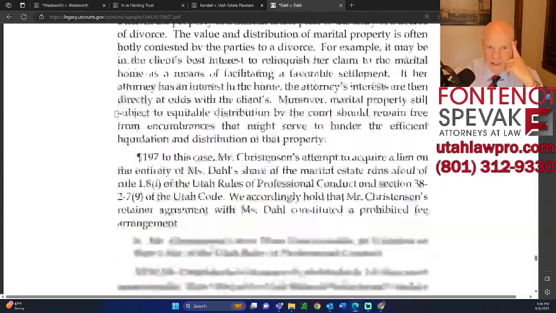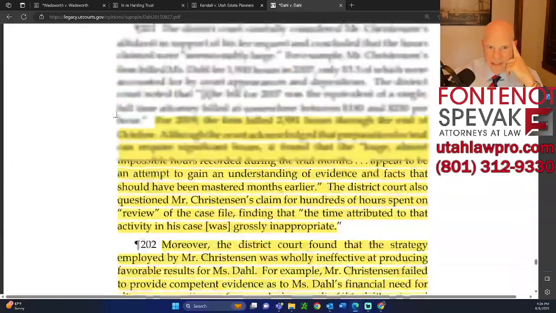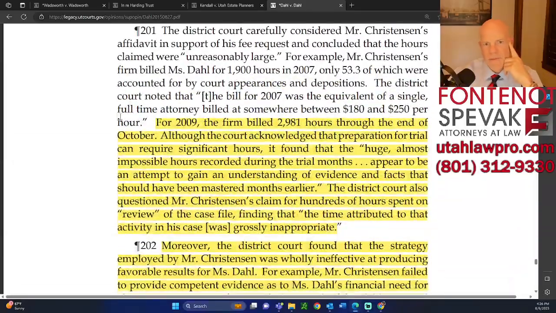Now, the interesting thing here is that, let's see, I have one more part here. Yes. So this is talking about just how much the firm billed for this case. For 2009, the firm billed 2,981 hours through the end of October. Although the court acknowledged that preparation for trial can require significant hours, it found that the huge, almost impossible hours recorded during the trial months appear to be an attempt to gain an understanding of evidence and facts that should have been mastered months earlier.